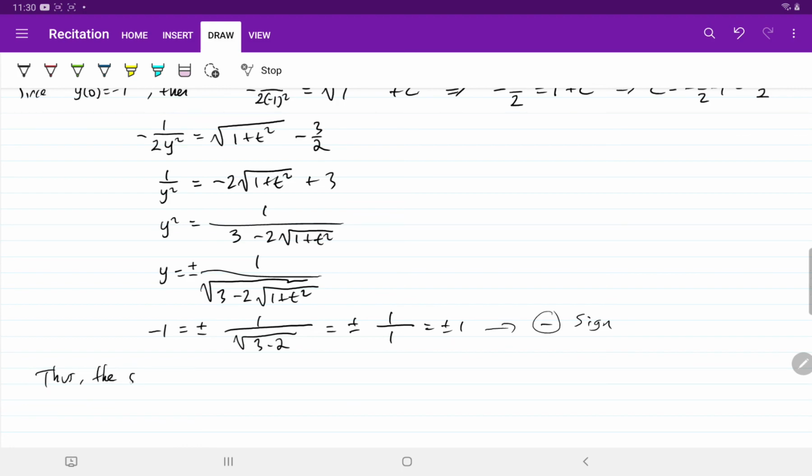Therefore the solution is y equals minus 1 over square root of 3 minus 2 square root 1 plus t square.